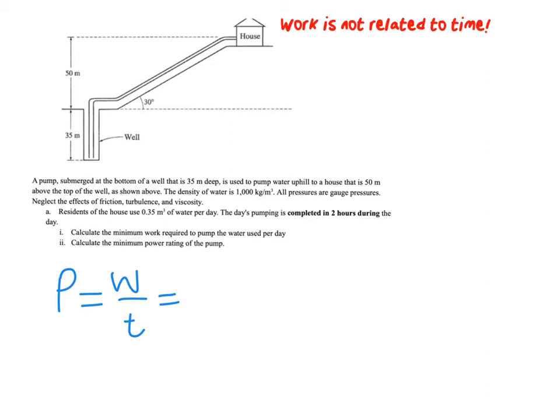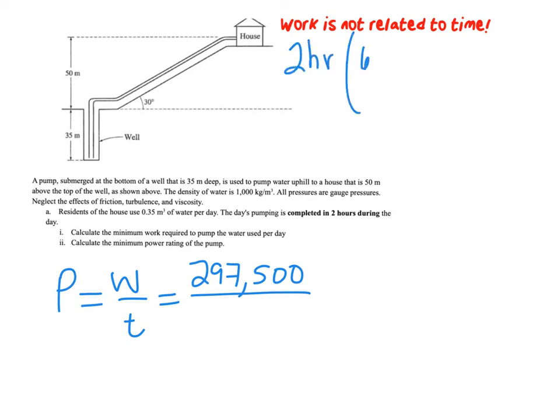So we're going to take our 297,500, and I'm not using significant figures here, just FYI. And then this is going to be in 2 hours. So if we want to convert the hours to seconds, we're going to say 2 hours times 60 minutes per hour.